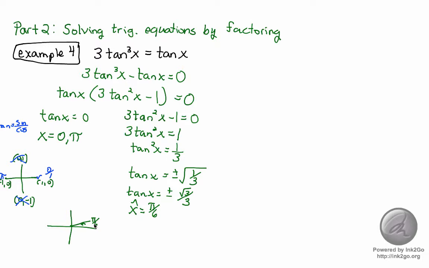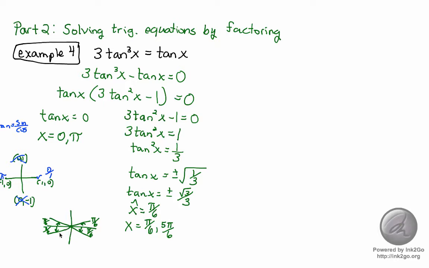And then I need all of the other quadrants, because it's either plus or minus, so every quadrant I'm going to have an answer. Every one of these that has a reference angle of pi over 6 is going to be a solution. So I'm going to have 4 solutions for this one. So x is equal to pi over 6, and then pi minus pi over 6, which is 5 pi over 6.